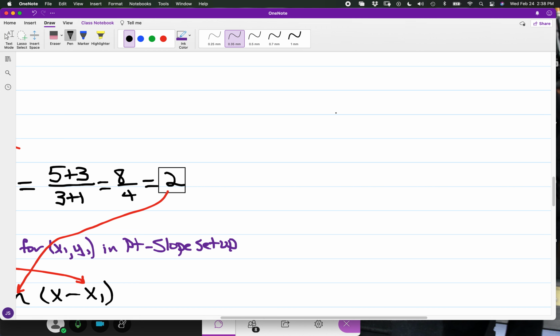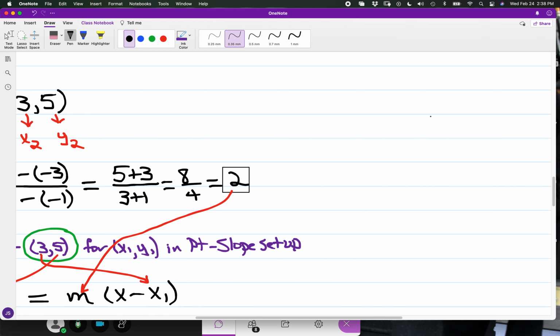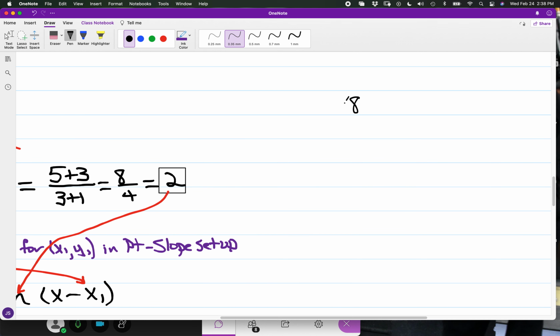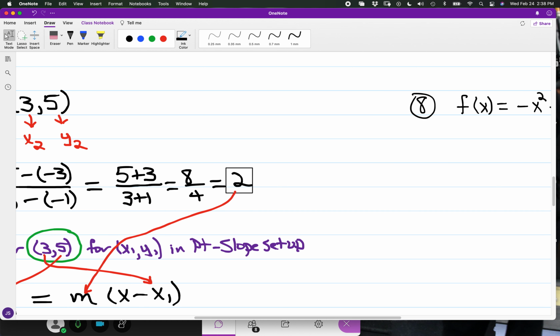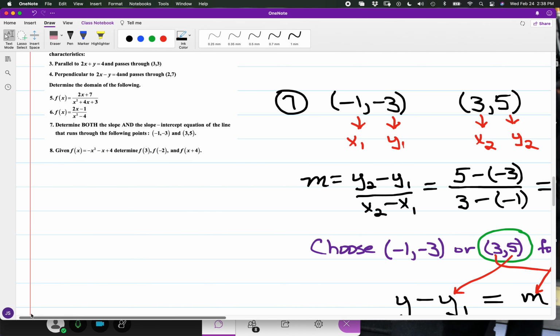So with number 8, we have f of x is equal to the negative of x squared minus x plus 4.